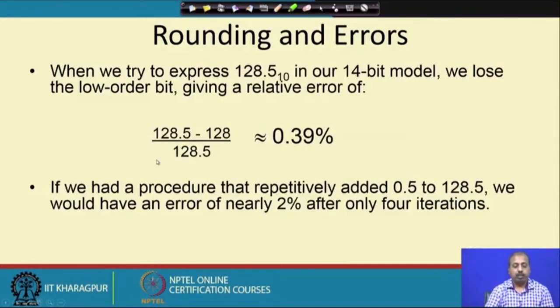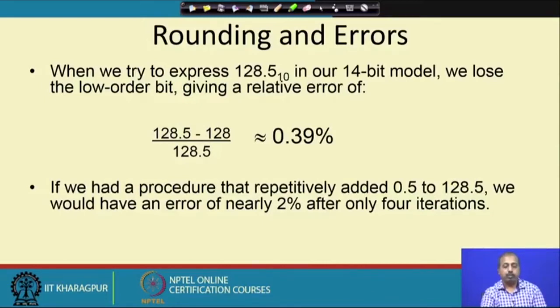So if we try to represent 128.5 in our 14-bit model, we will lose the lower order bit. It will become 128 only. This 0.5 will not come, because the last bit will be ignored, it will not have so much space. The error introduced is about 0.39%.